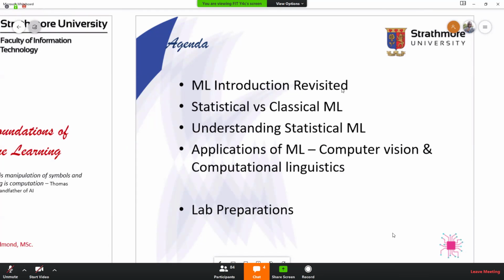So we are going to do the introduction, revisited, of course, because we had already introduced it in introduction to AI. Then we are going to look at statistical versus classical machine learning. Then from there, we branch immediately into modern day machine learning, which is basically statistical. Then from there, we will check out a few application areas, and then we will prepare for our labs.